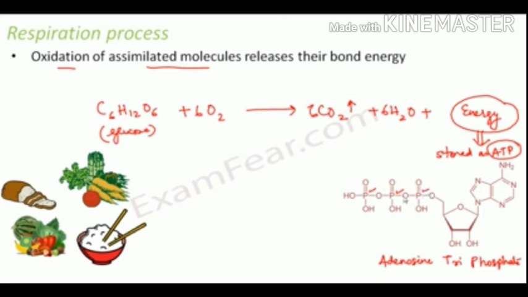This carbon dioxide will then be released out, because it is a byproduct of respiration and it is something which we don't want. So carbon dioxide is released out. Now, how is this released energy stored as ATP? What is ATP?